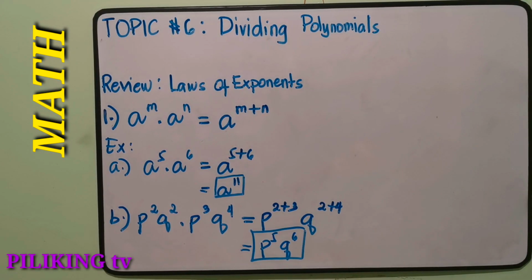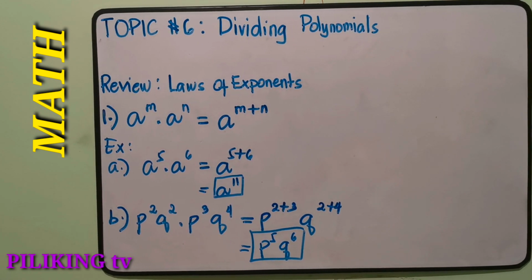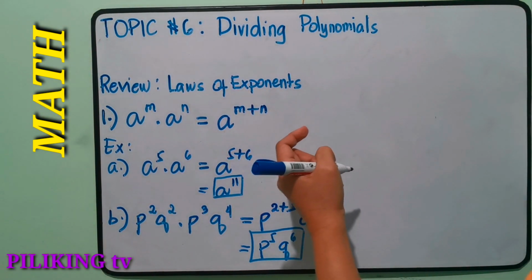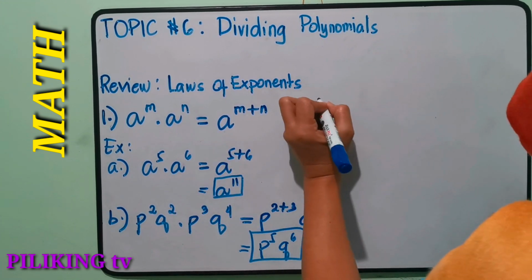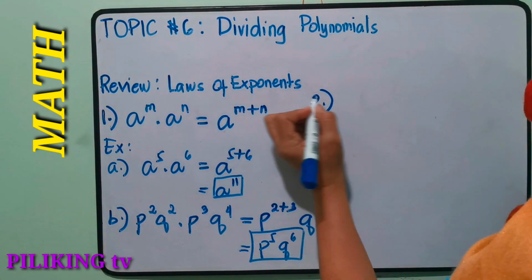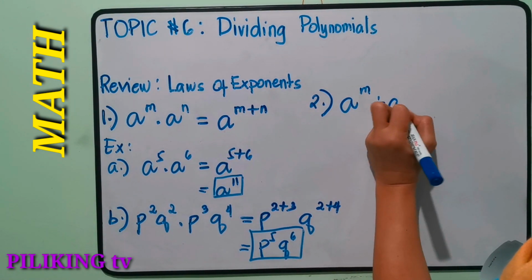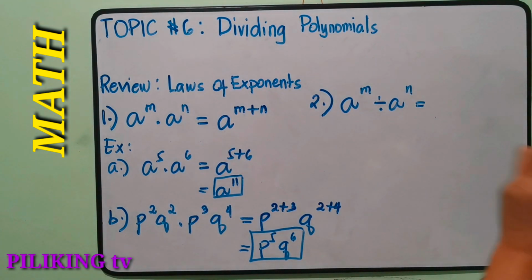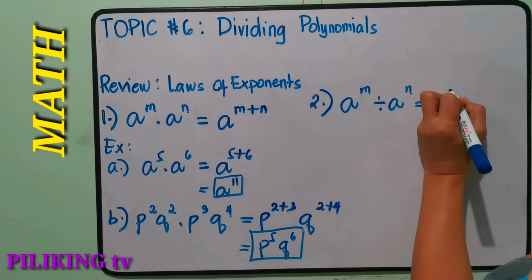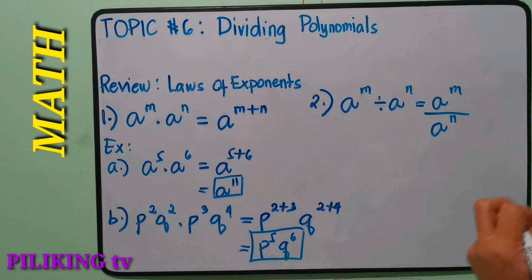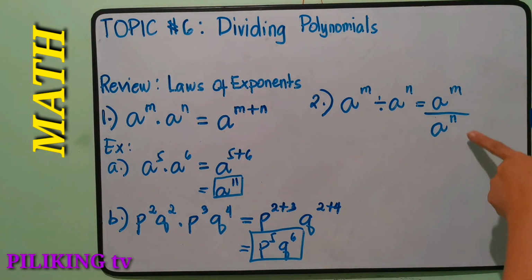So now, let's move on to the second law of exponent, which is the law of quotient. What is the rule if you are dividing having the same base? Let's have number 2. If we have a raised to m divided by a raised to n, if you are dividing having the same base, you just subtract their exponents.